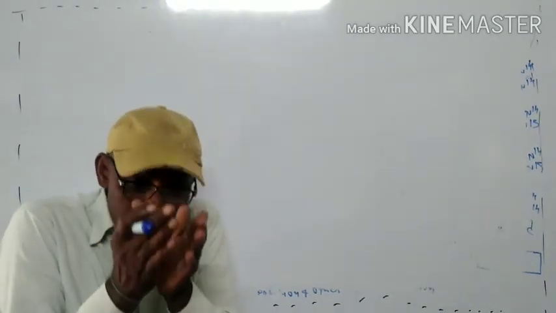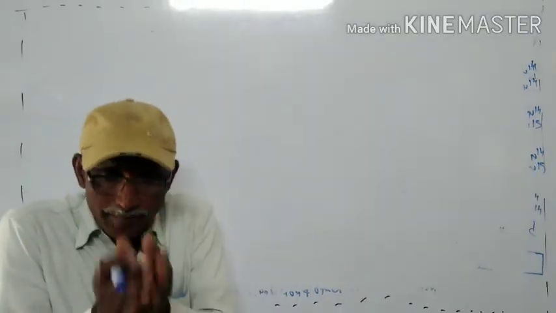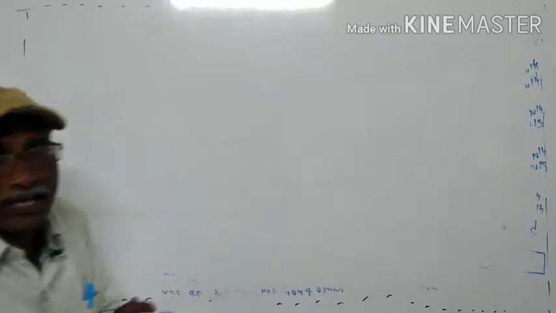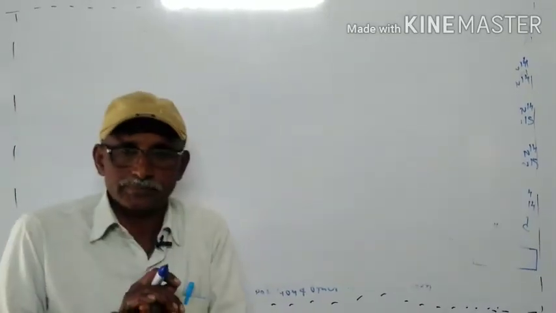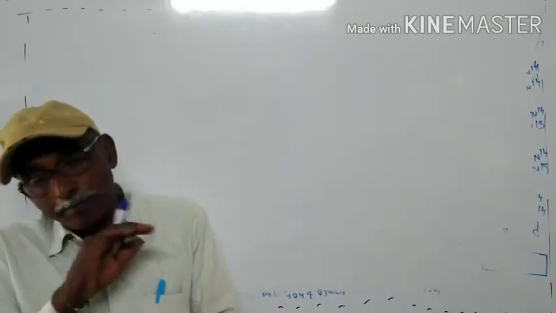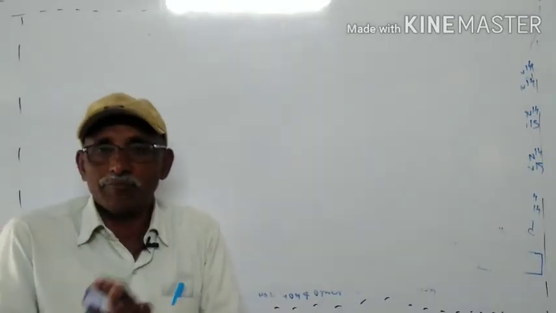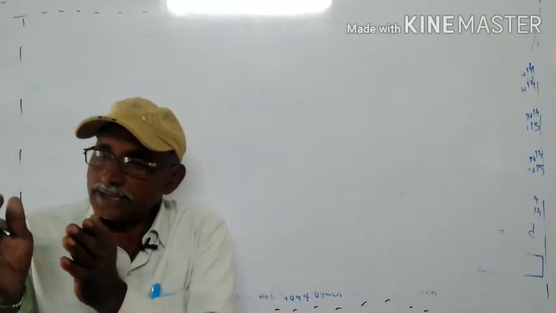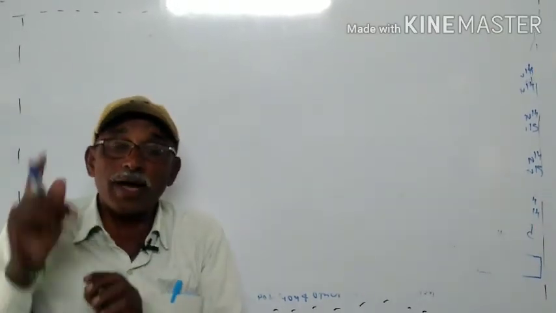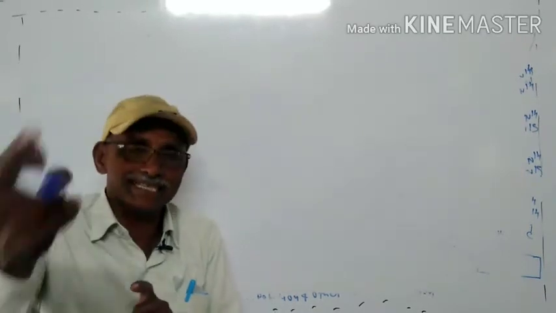First of all, when mRNA is formed from DNA, that is called what? Transcription. And after formation of mRNA, from this mRNA there is protein synthesis, or formation of protein, by which method? The translation method.